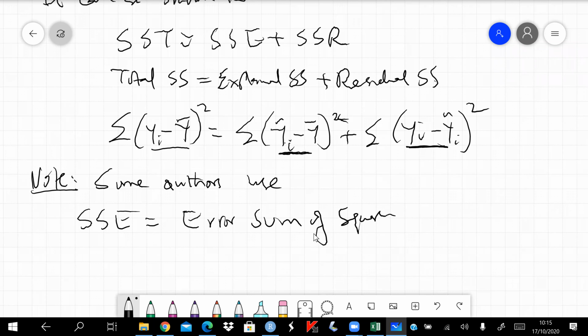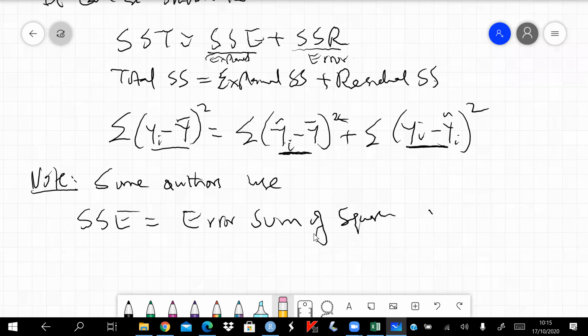Please note that our SSE here means the explained, not the error. So this is the explained, and this is the error. If we were to use explained and error, I would have it like that, instead of what we have used here.